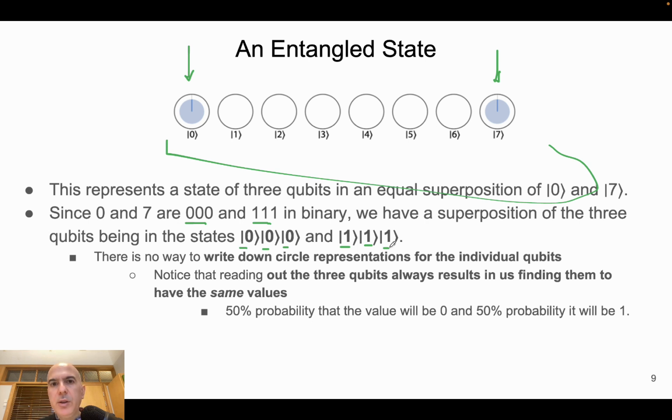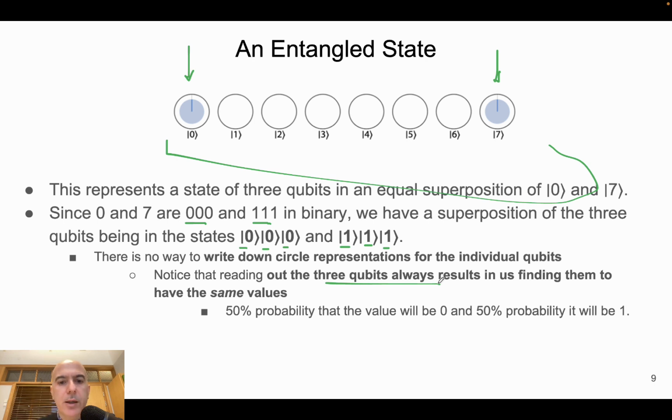So there is actually no way to write down a circle representation that gives us this quantum state. Notice also that reading out the 3 qubits always results in us finding them to have the same values. So there is 50% probability of 0 and 50% probability of 1.